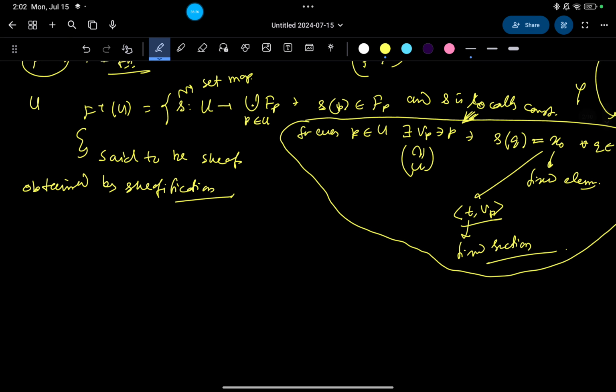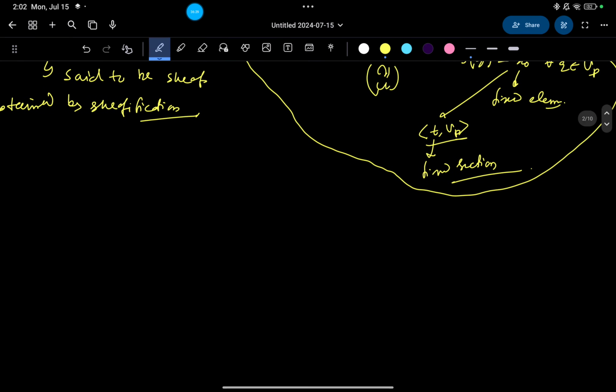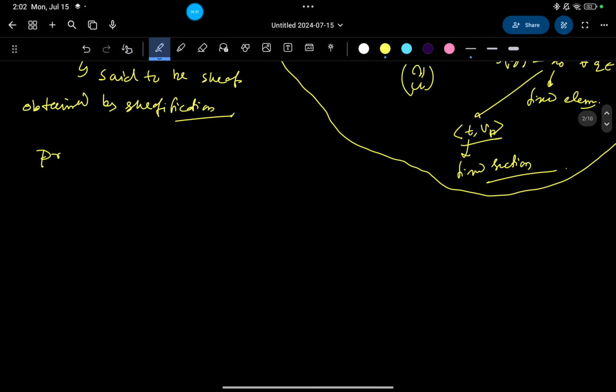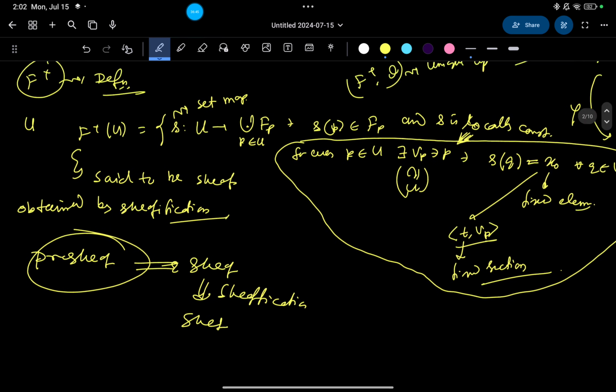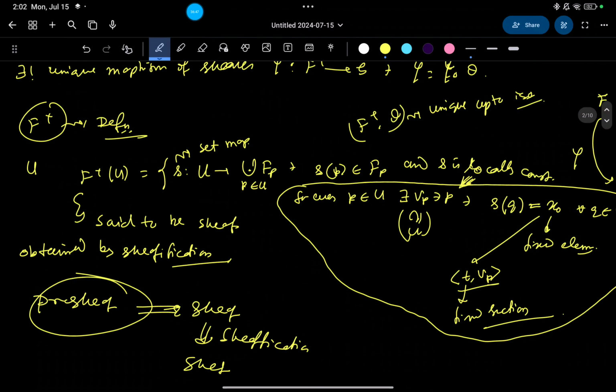Okay, so whatever presheaf I have, if it is a sheaf, then after sheafification I will get the same sheaf, because in that case this S will be nothing but identity.